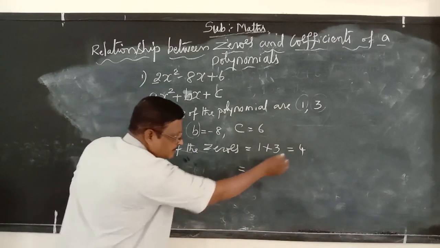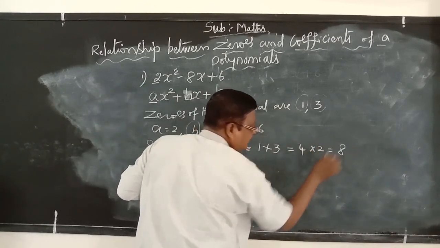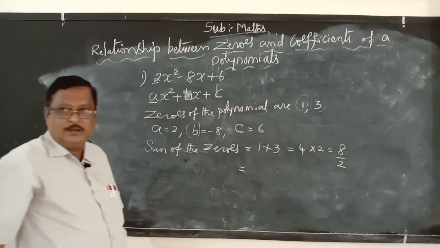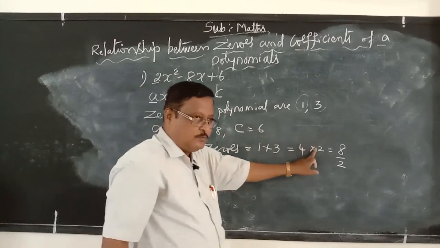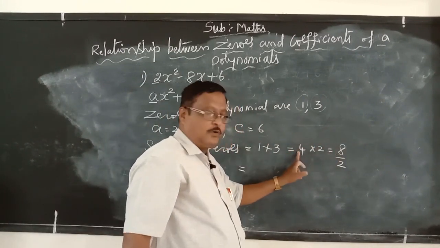This is nothing but 4 into 2 is nothing but 8 divided by 2. 4 is multiplied by 2 is nothing but 8 divided by 2, nothing but 4 only.